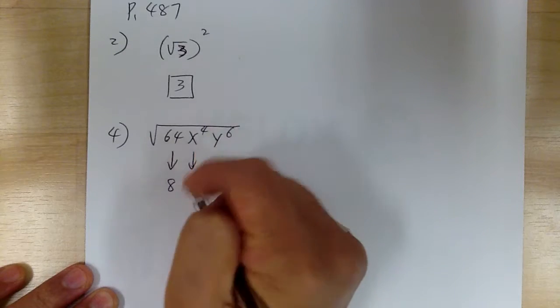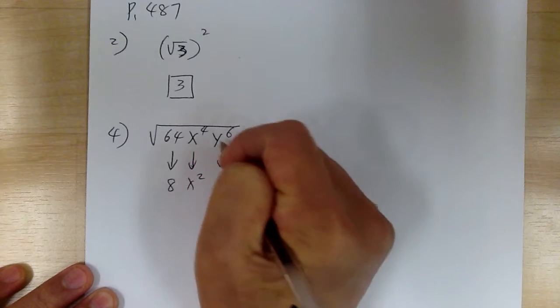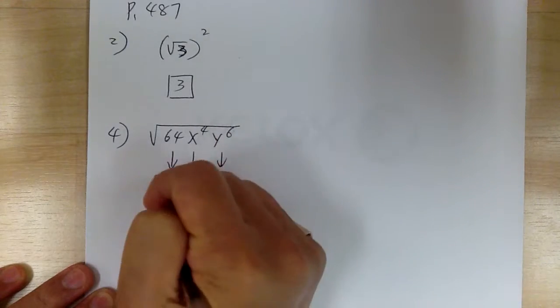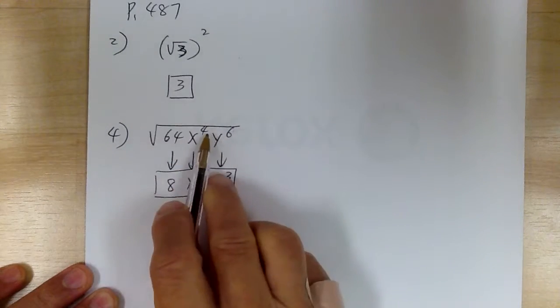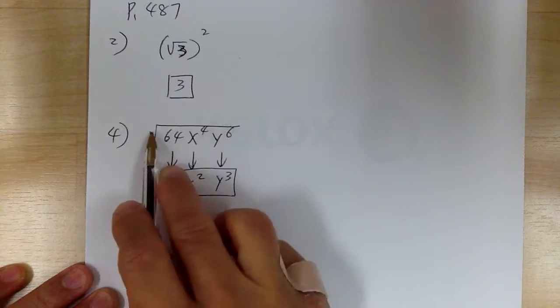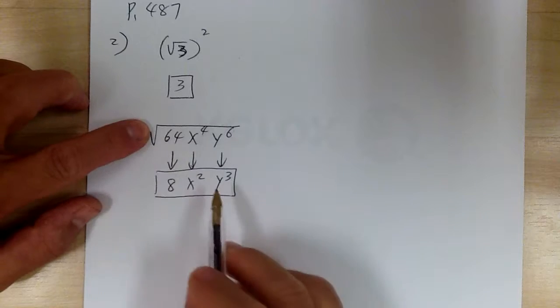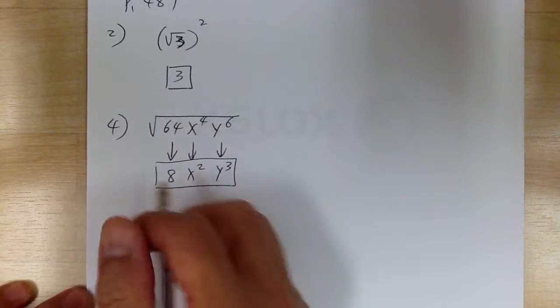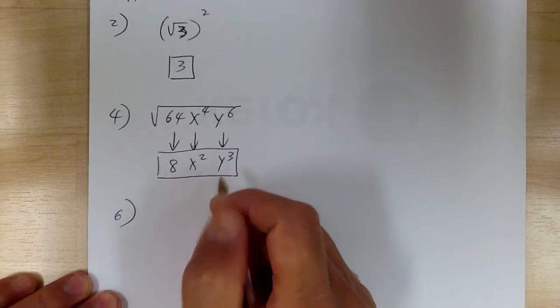The square root of x to the 4 is x squared. And y to the 6, the square root of that is y to the 3. That's it, because basically all you do is divide by 2, right? 4 divided by 2, that's how you get 2. 6 divided by 2, because square root means there's an invisible index of 2, and that's how you get that.